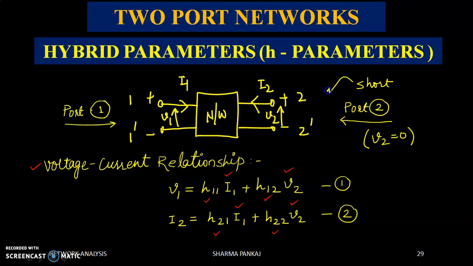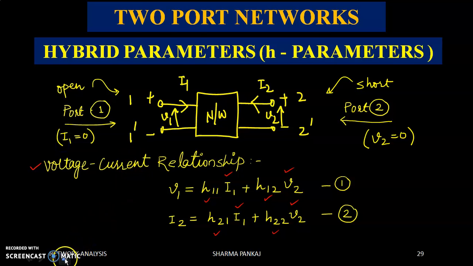By shorting port number 2, we will have V2 is equal to 0. On the other hand, we will open port number 1. By opening port number 1, we will have I1 is equal to 0. By opening, current will vanish, but voltage will be there. This I1 will vanish, it becomes 0. No media, no current flow.